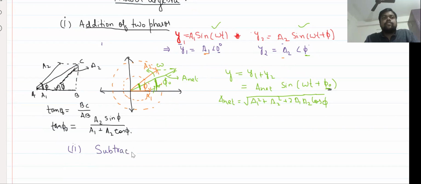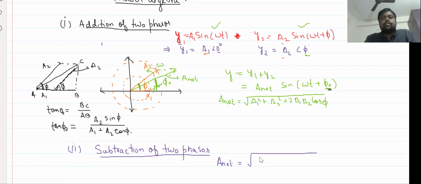Subtraction of two phasors will be nothing but, already we have got this result, that is root over A1 square plus A2 square minus 2 A1 A2 cos phi. This result already we have derived for vectors. As it is, we can use here.